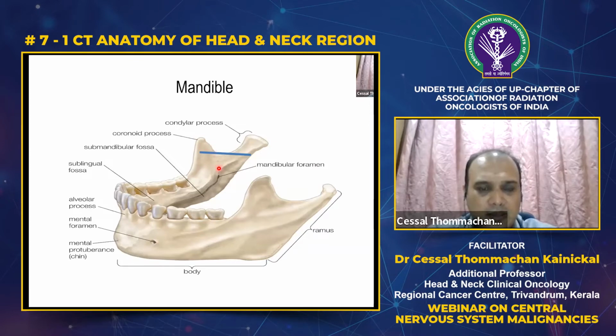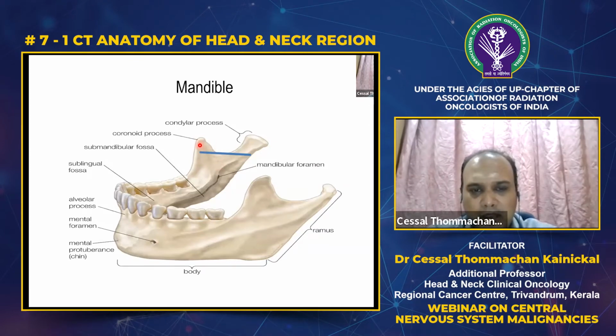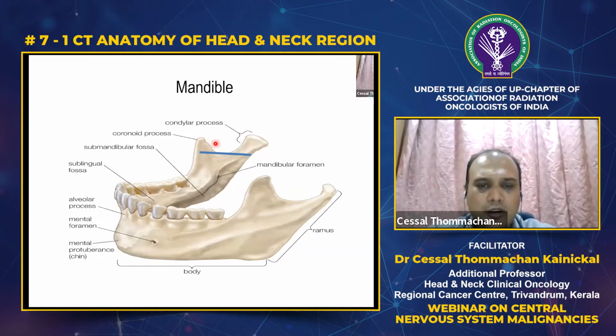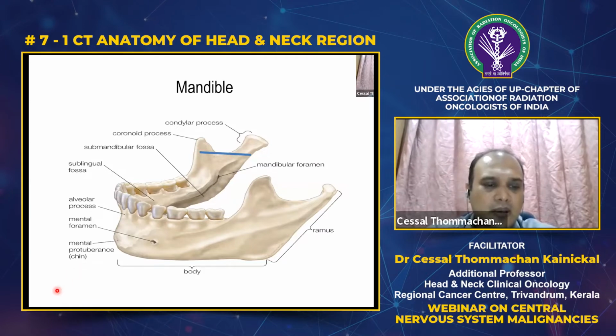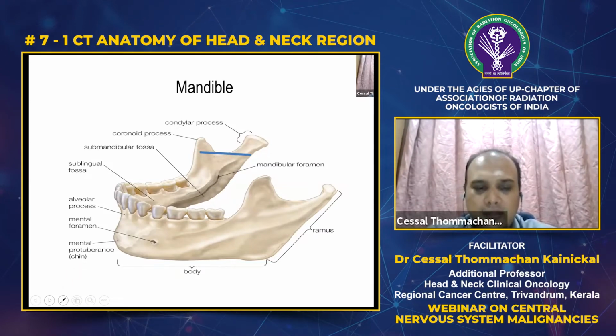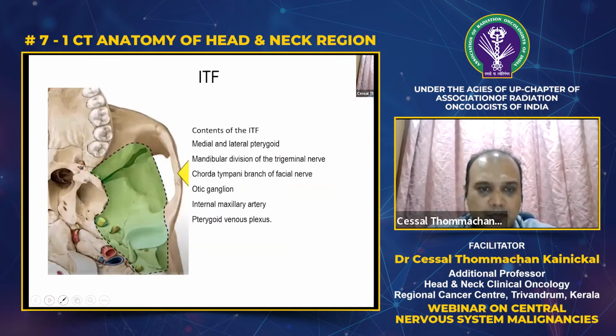If you cannot make out the coronoid and the condylar process in a CT, it means you are dealing with a supranotch disease. If it is from an oral cavity, then it means it is an inoperable disease.